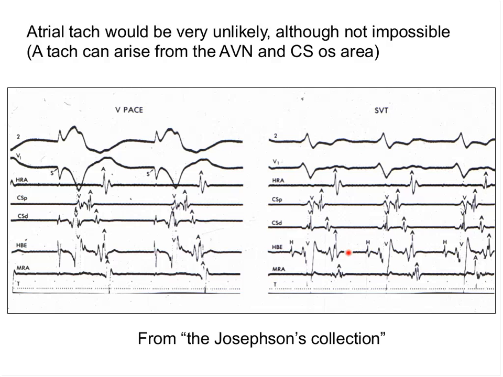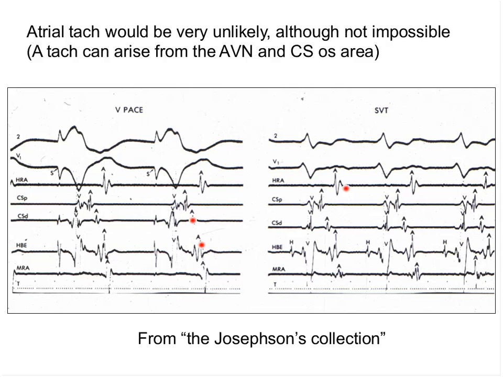Now, please note that if we look at the events during ventricular pacing on the left panel, the atrial activation sequence is exactly the same as here. Please note the time interval between each pair of electrograms is identical.